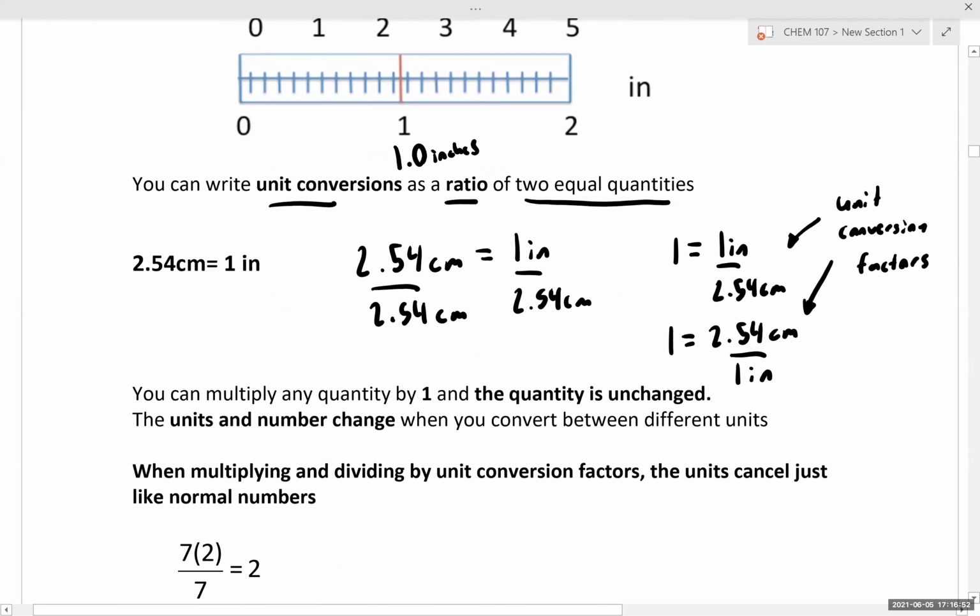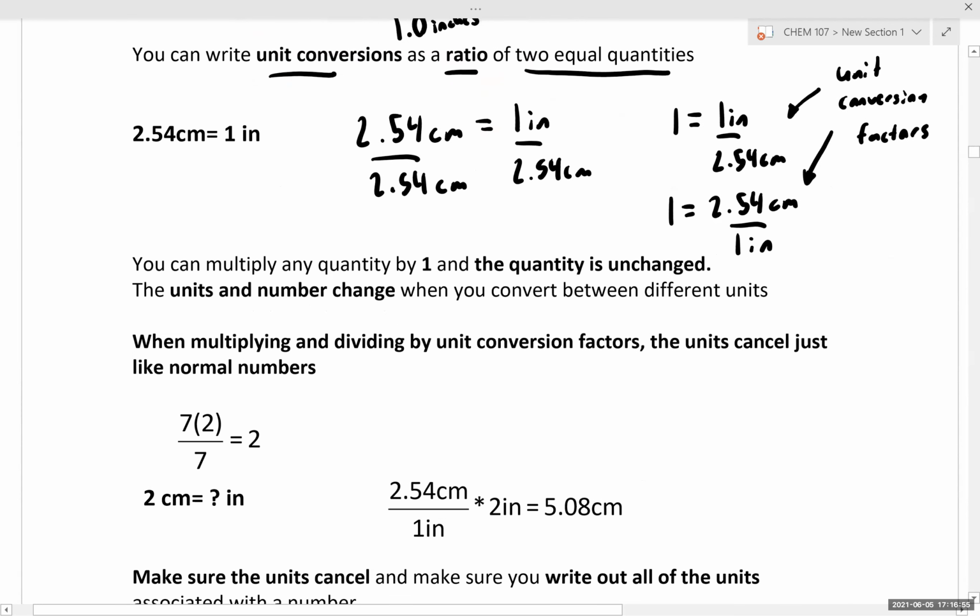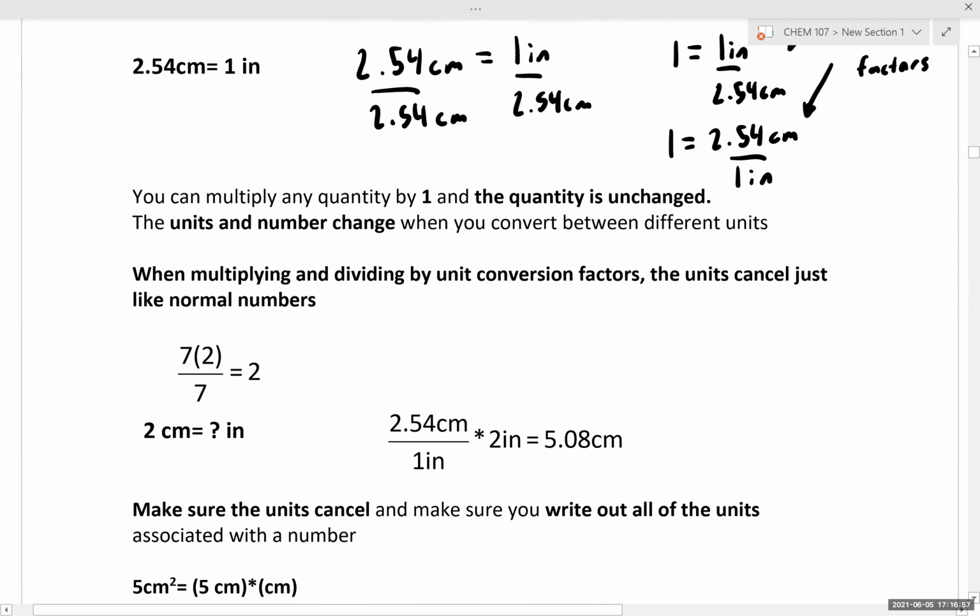Now, to bring us back to this idea from algebra, you can multiply any quantity by 1 and the quantity is unchanged. The units and the number change when you convert between different units, but the actual quantity does not.